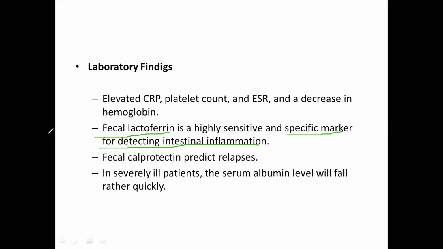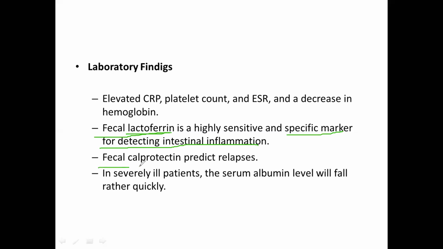Why do neutrophils release lactoferrin? Because it has antimicrobial and anti-inflammatory properties. Obviously, if the patient has gut inflammation, neutrophils will be attracted to the site of inflammation and release lactoferrin, because it has antimicrobial and anti-inflammatory properties.